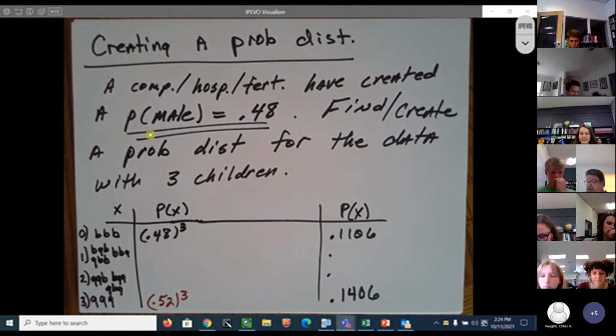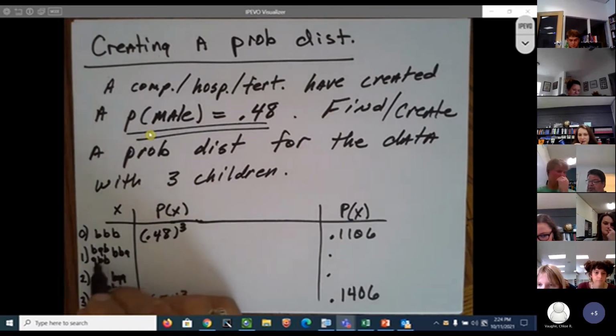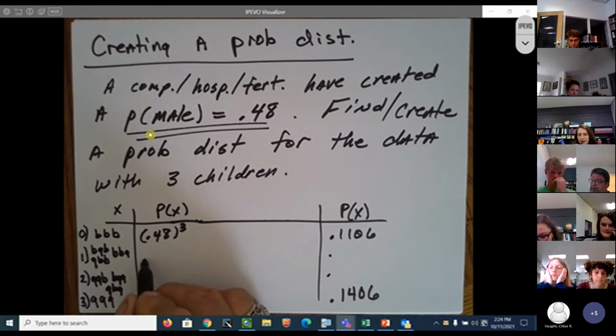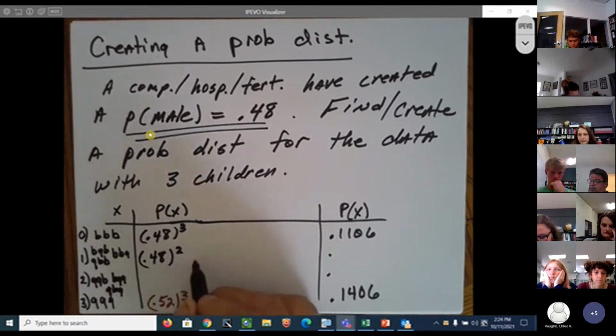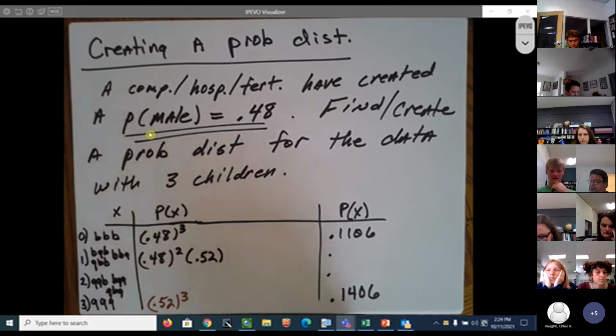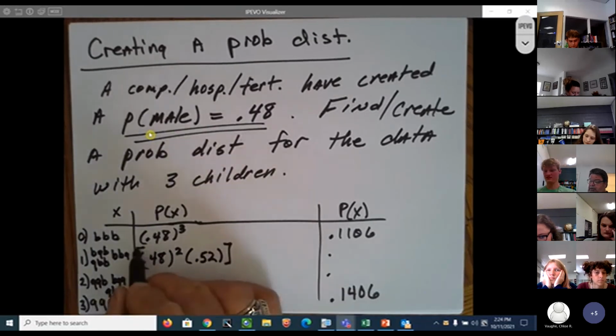All right. So we got 1 girl and 2 guys. So that will be 0.48 to the second power times 0.52 to the first power multiplied by 3.